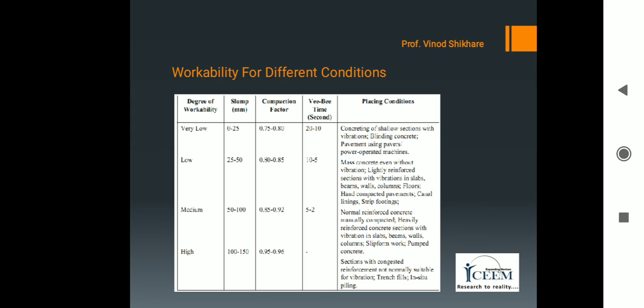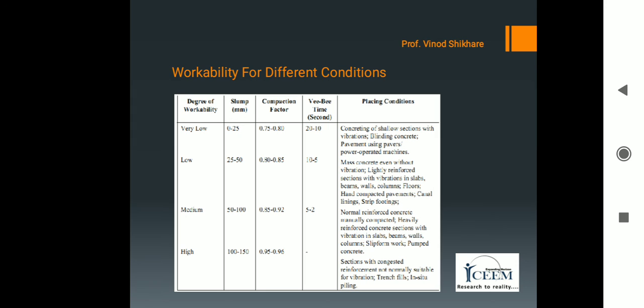The table suggests values of workability for different placing conditions for 20 to 40 millimeter maximum size of aggregate, in which the degree of workability is given in column 1, then the slump value for that degree of workability, the compaction factor, the VB time and the placing condition.